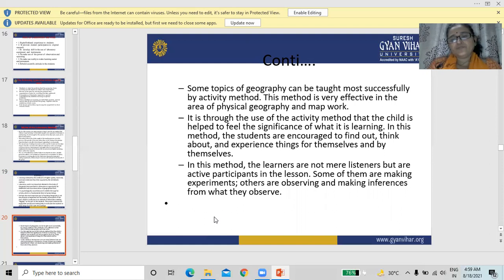Some of them are making experiments, others are observing and making inferences from what they observed.